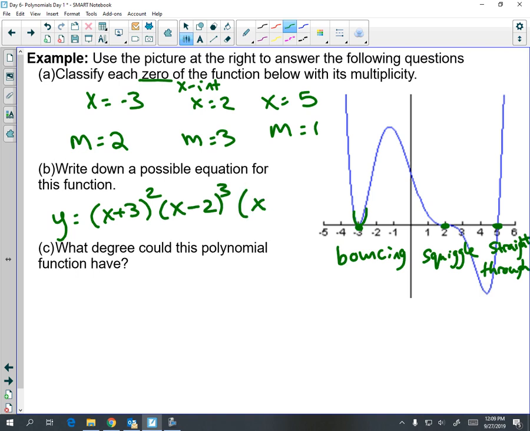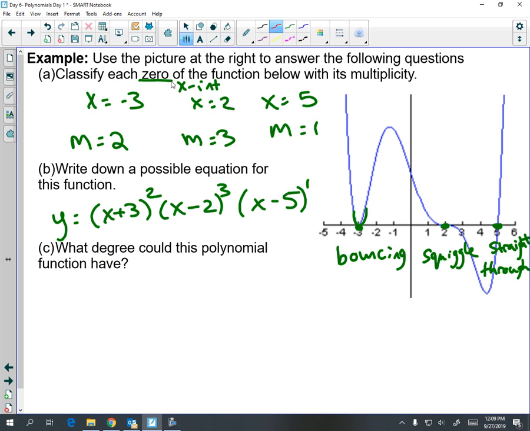The last one is x minus 5. You do not need to have the exponent of 1. It's up to you. So that is a possible equation. And look, if you make your t-chart, you get back all of your zeros. So you know you're on the right track. And if you graph this, you'll see a similar image.